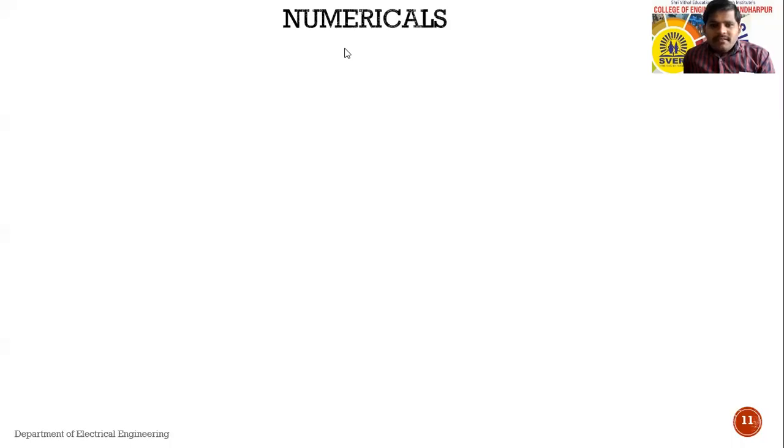Is there anyone else who solved it? Is there anyone from division A or B?